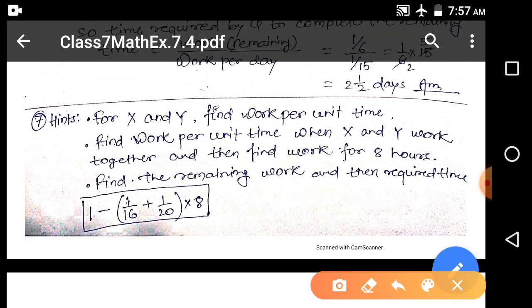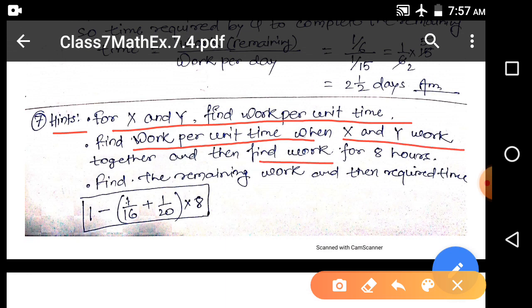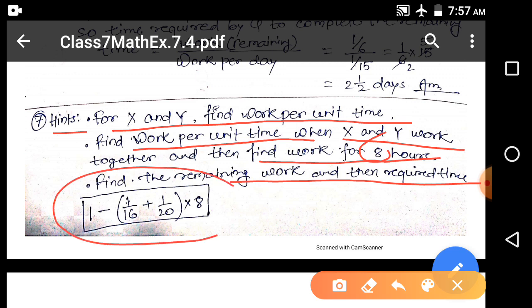See, this is exactly the same kind of question. Here for X, this is the hint. For X and Y, we can find out the work per unit time, and the work per unit time when X and Y both work together. Then we can find out the work done in 8 hours, then the remaining work, and then the required time.